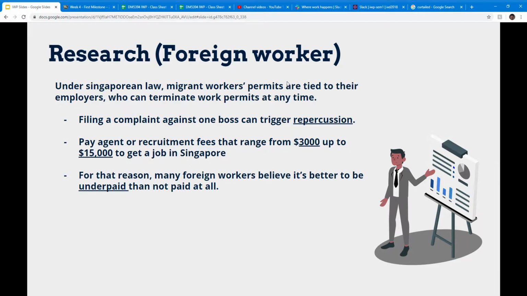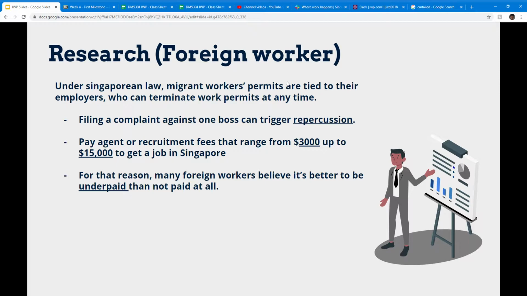So this is the second research on foreign workers. Such a move is not an easy decision for most workers. Filing a complaint against one's boss can trigger repercussions. Under Singapore law, migrant workers' permits are tied to employers who can terminate the work permit at any time.